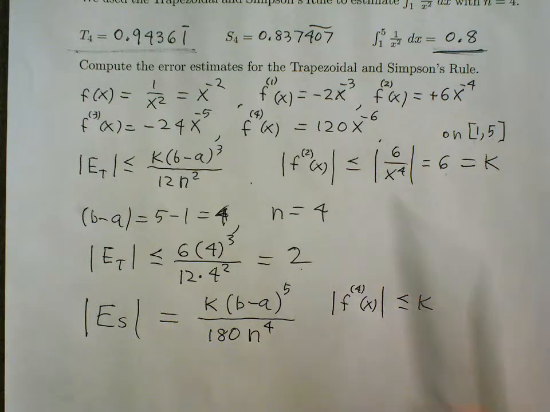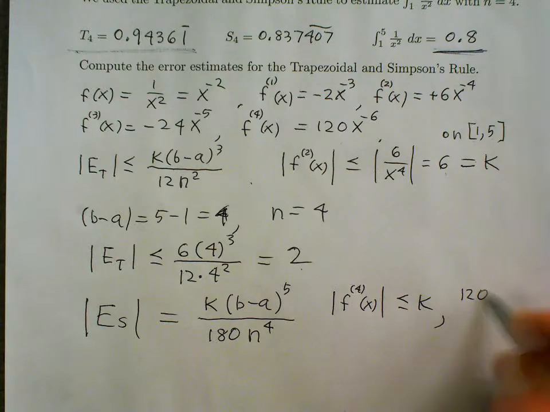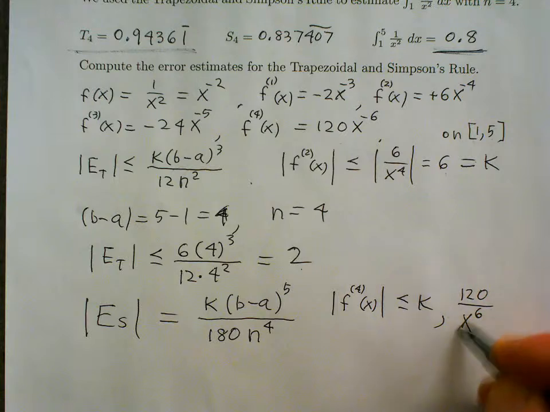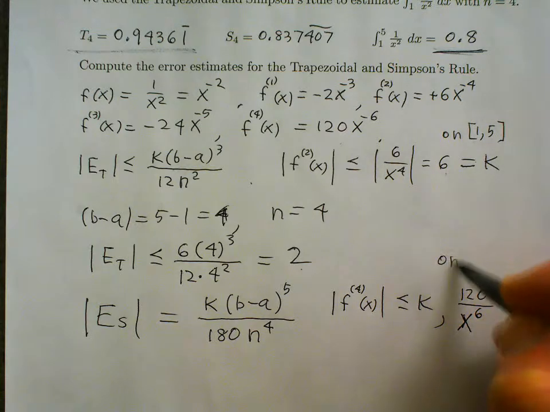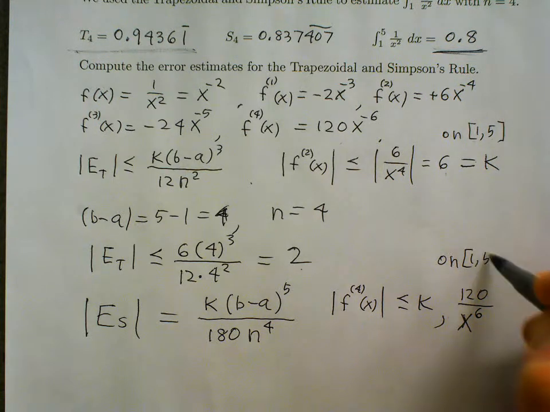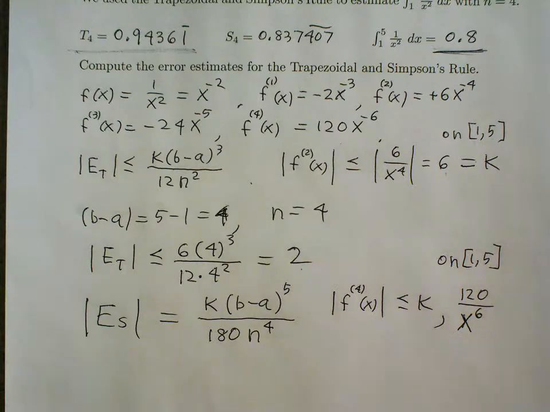Okay, so the fourth derivative is 120 times x to the negative 6, or 120 over x to the 6th. And so on the interval from 1 to 5, what's the largest possible value of 120 over x to the 6th?